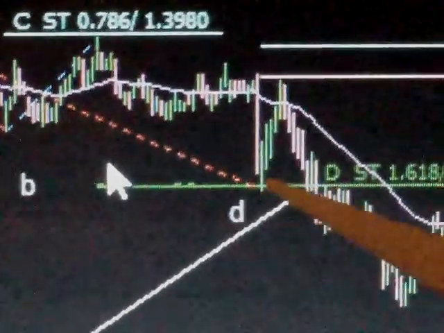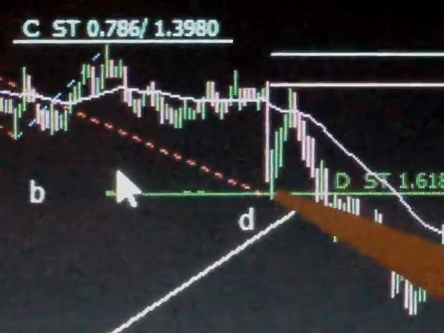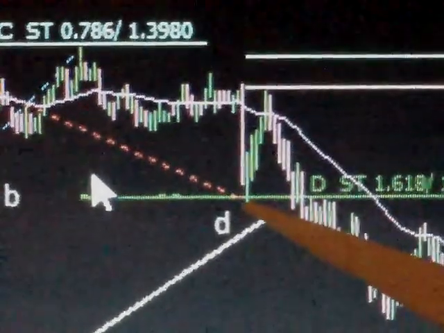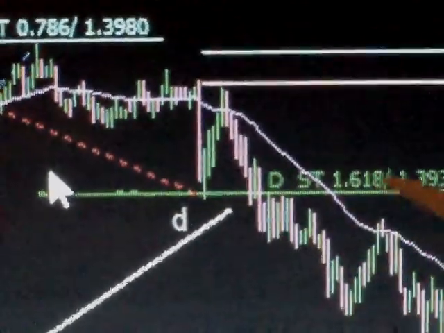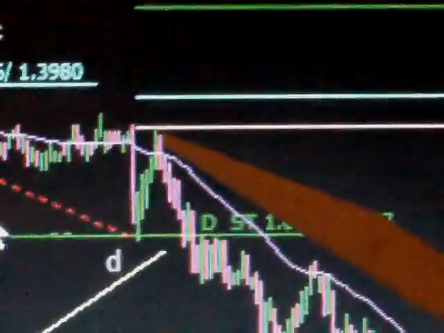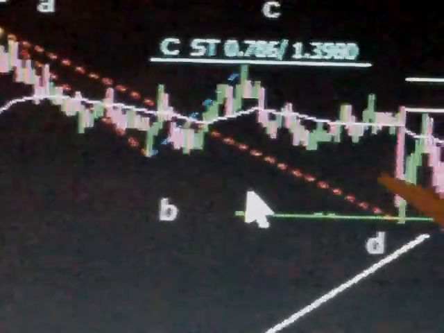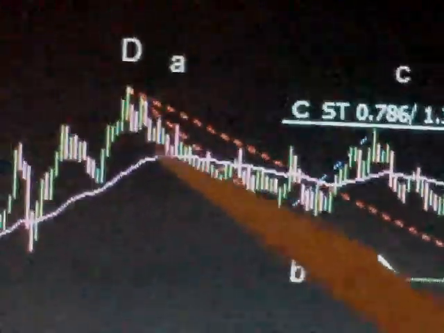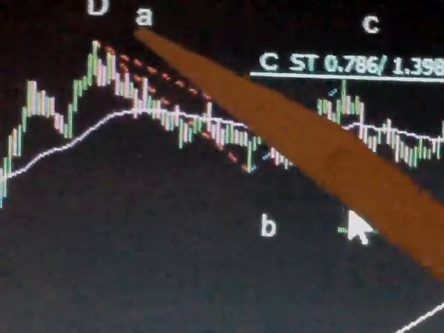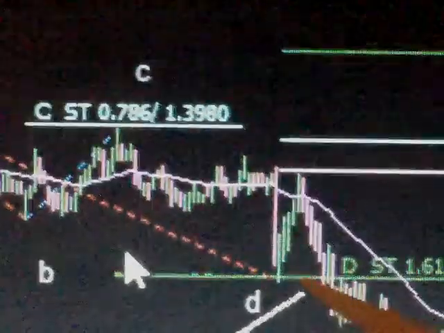And you see there was a reaction here at point D, bouncing off the extension, and goes up to the 618 of point A to D. I took this entire, in a two-step you're able to take the A to D and retrace, and your target is up here at the 127.